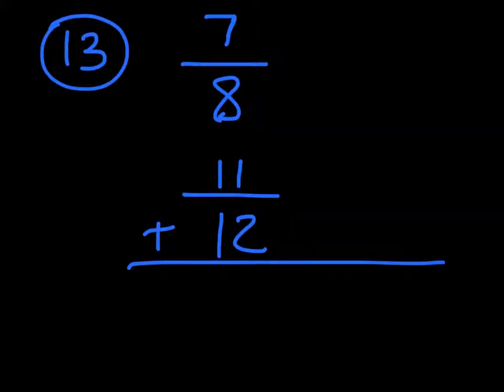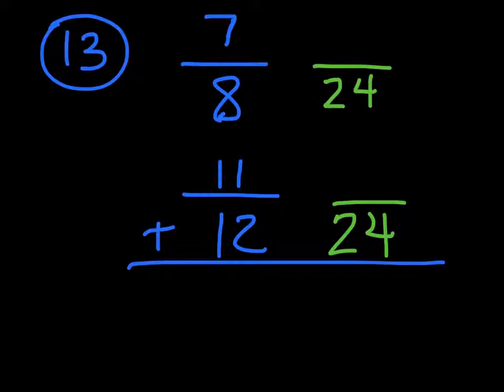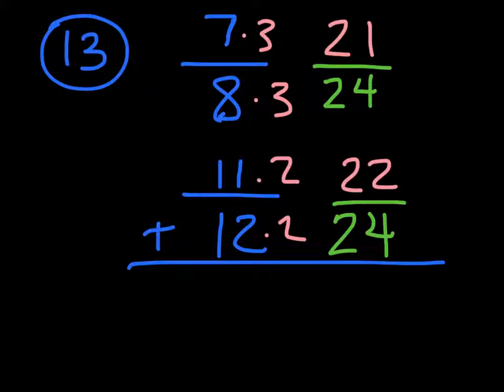Number 13, your common denominator is, 12 times 1. No, 12 times 2 is 24. 8 goes into 24, so that would be your common denominator. Eight times 3 is 24. 7 times 3 is 21. 12 times 2 is 24, so 11 times 2 is 22. You're going to add up your numerators.